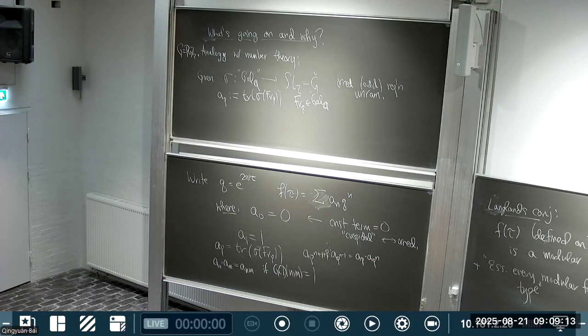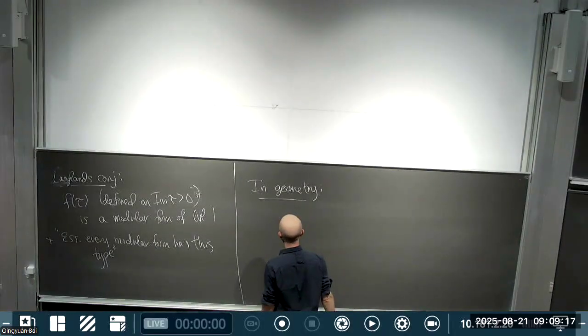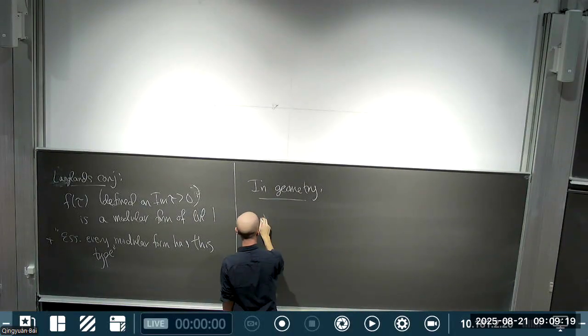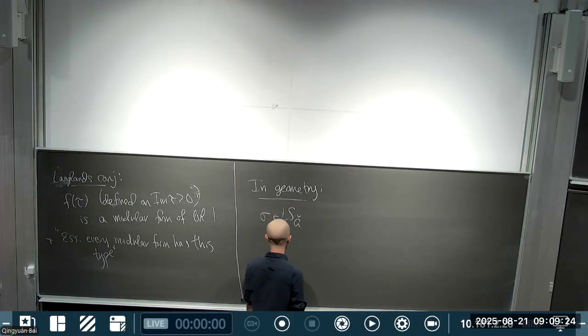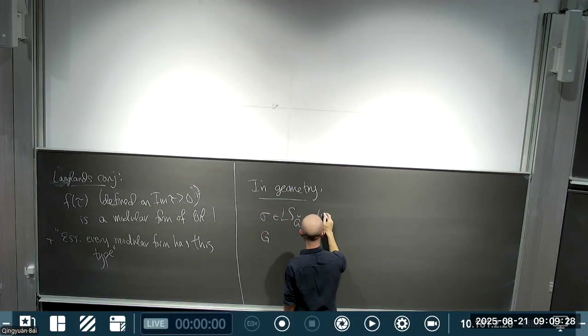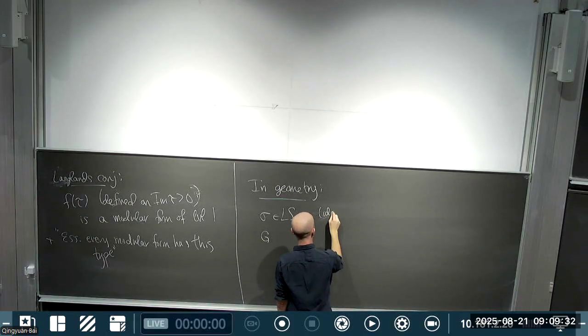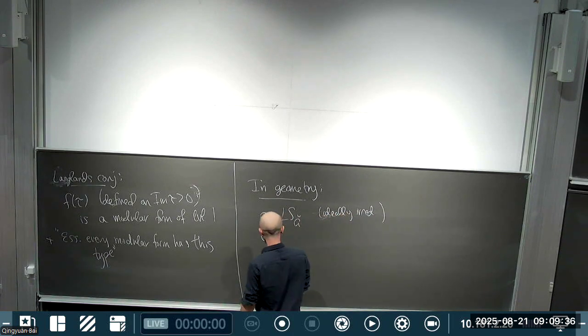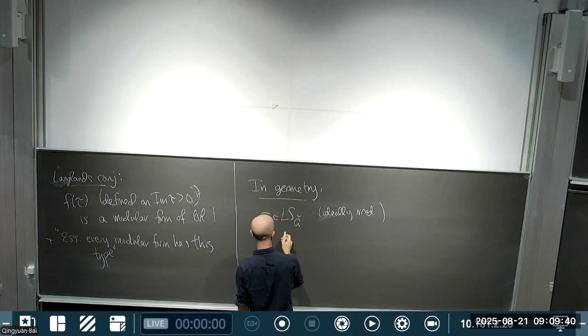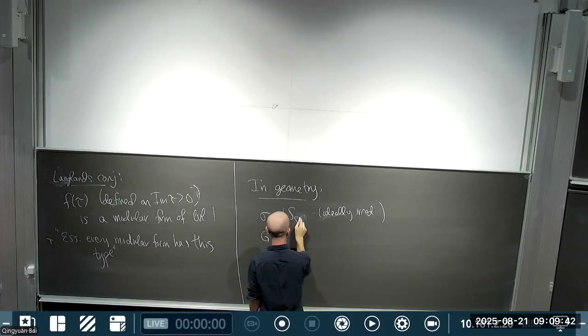Now let's do this in geometry. Imagine that I start with some local system, it might be irreducible. Okay, let me do this for SL2.